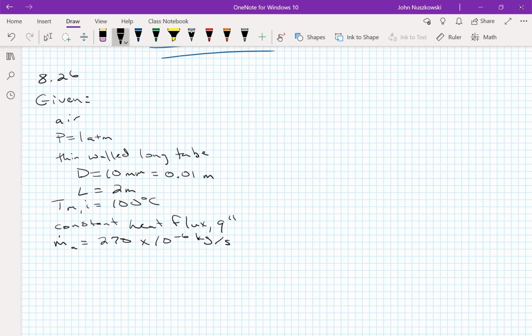They want us to find for part A, the heat rate entering the tube.